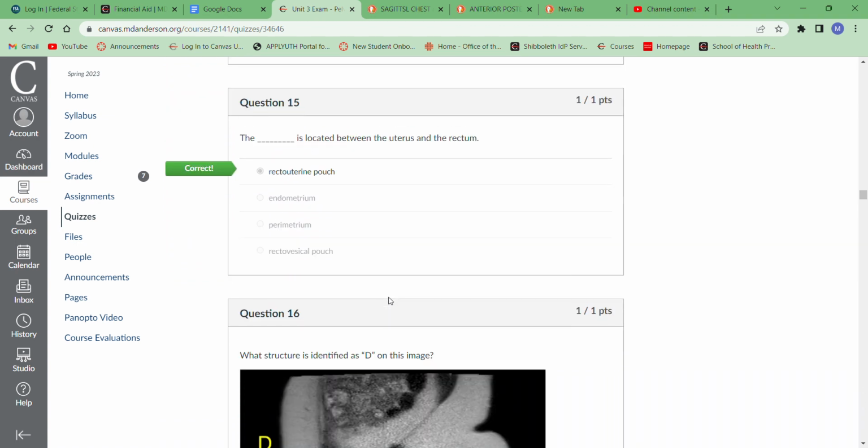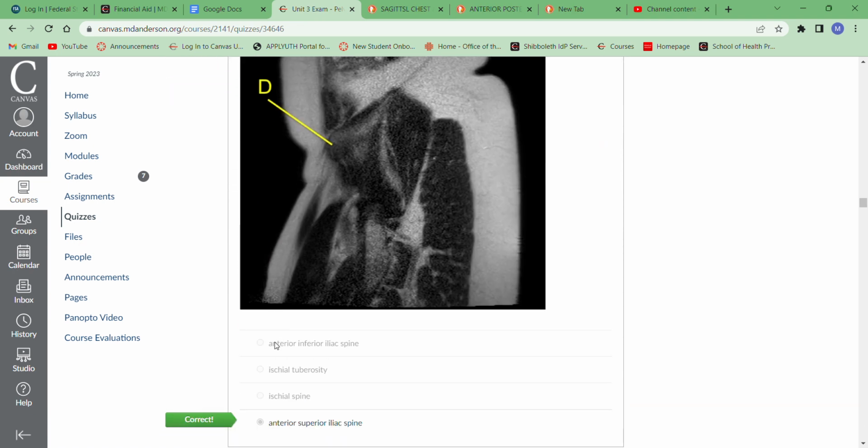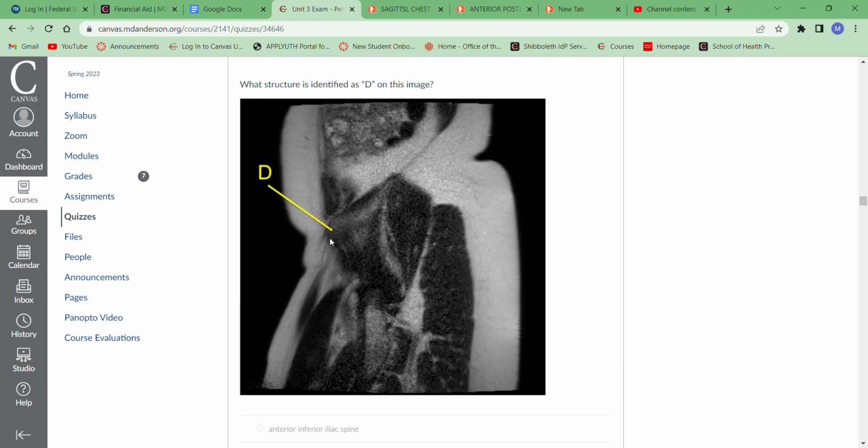What structure is D? Looks like the ASIS, anterior superior iliac spine. That's easy to remember because if you've ever worked in x-ray and you've had to dig around on a more hypersthenic patient, it doesn't matter where their belly is. You can always look under this fold and find a bony part.